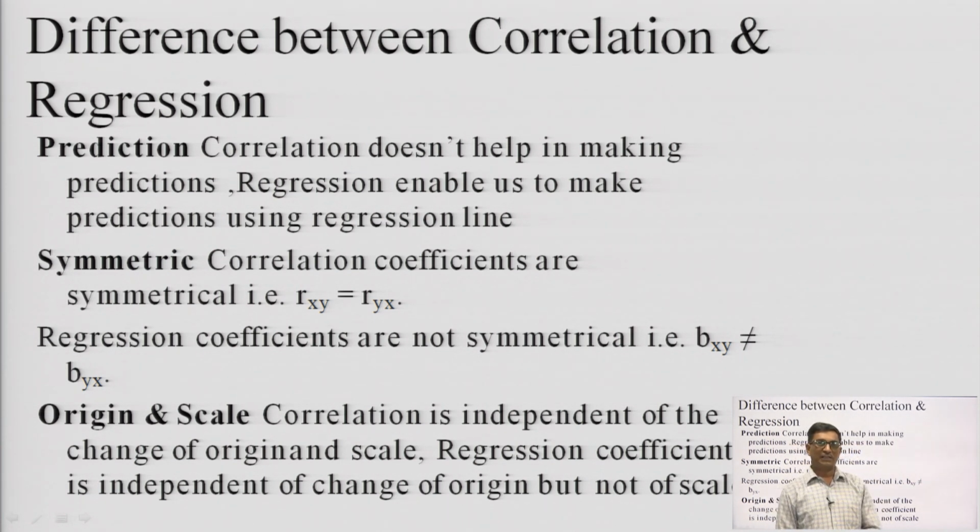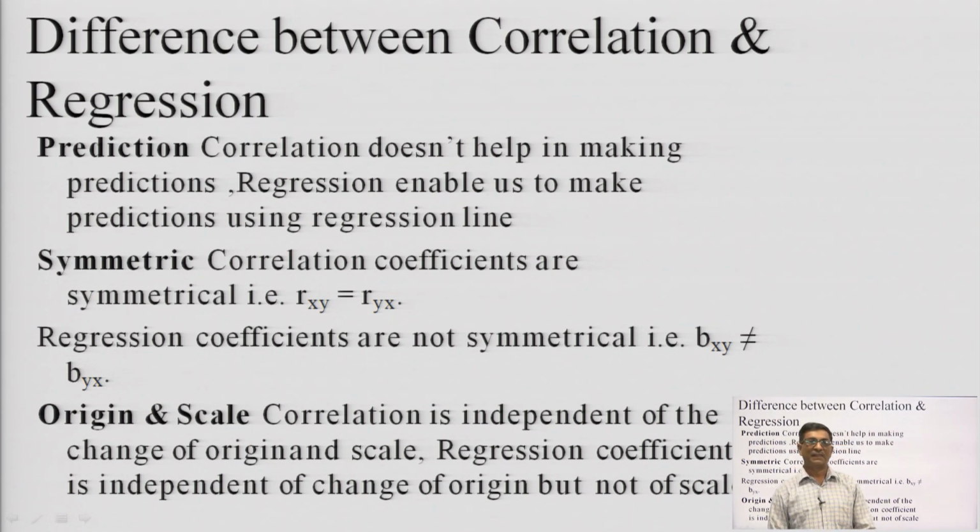So, in correlation we cannot predict any value of the dependent variable with the help of the known variable, but in regression we can predict the value of the unknown variable with the help of the known variable. For example, if we have a relationship between height and age, and we know the age of a person, we can predict the value of the height for that person.